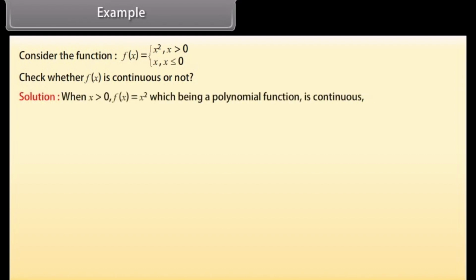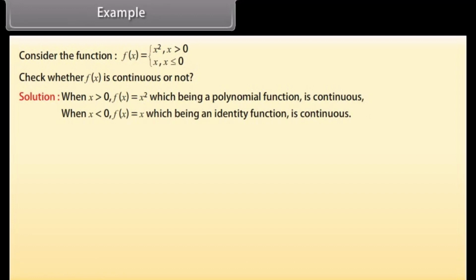When x is greater than 0, f(x) is equal to x squared, which being a polynomial function is continuous. When x is less than 0, f(x) is equal to x, which being an identity function is continuous. Now the only doubtful point is x equal to 0.